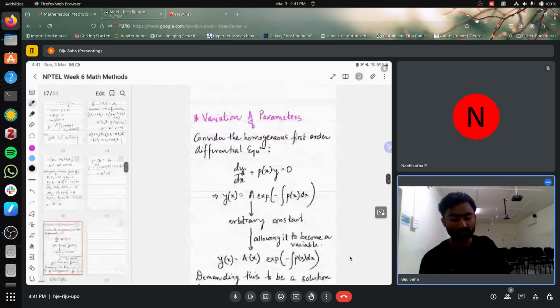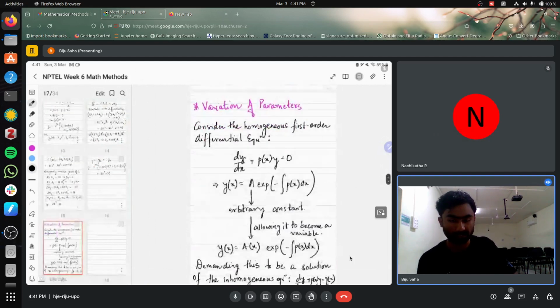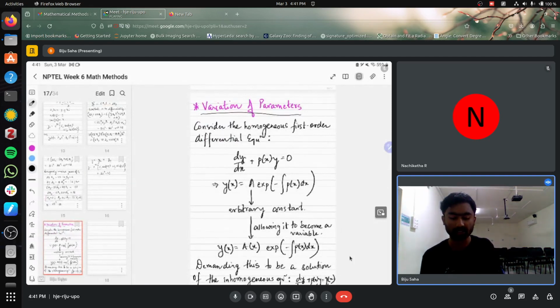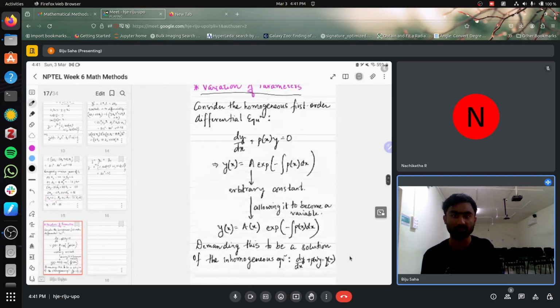So with that, let us move to another technique of solving a second order inhomogeneous differential equation. That is known as the variation of parameter. Remember we started with solving the homogeneous first order differential equation.